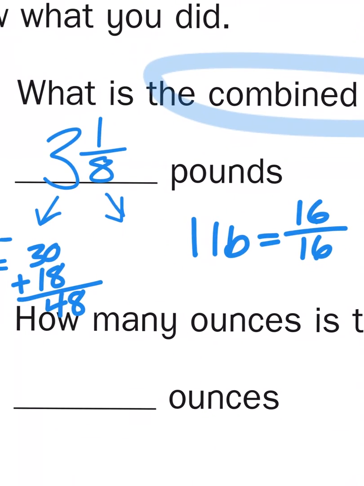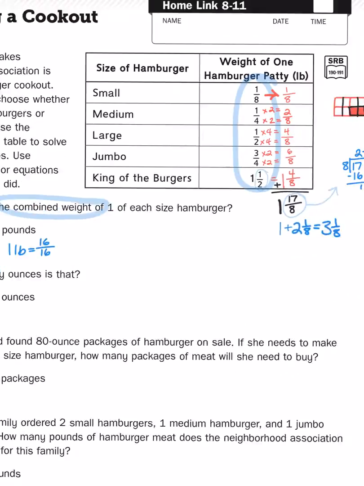Okay, but I have fractions with 8 as the denominator, so I need to convert my 8ths into sixteenths. Well, 16 just happens to be a multiple of 8 because 8 times 2 is 16. And we figured that out over here, right?